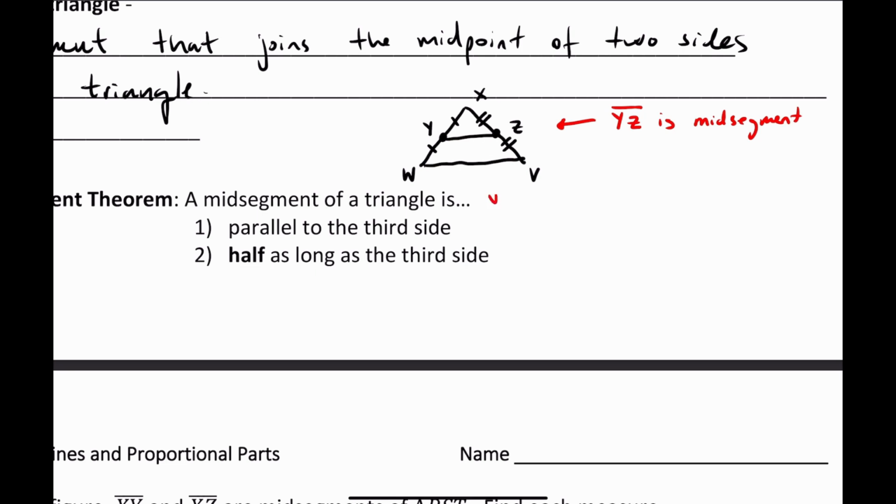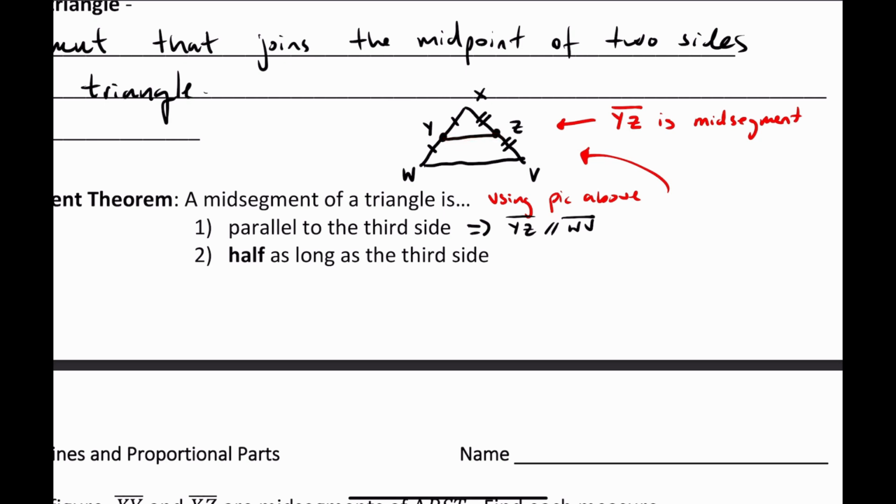So using the picture above, we can say that segment YZ is parallel to segment WV. So the mid-segment is parallel to the third side here. So here's the mid-segment, and then this is the third side.